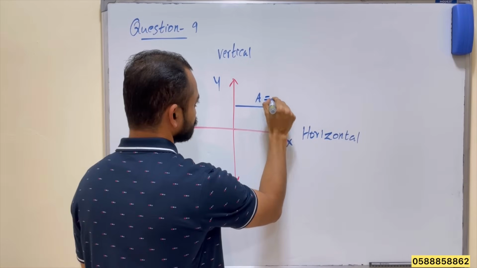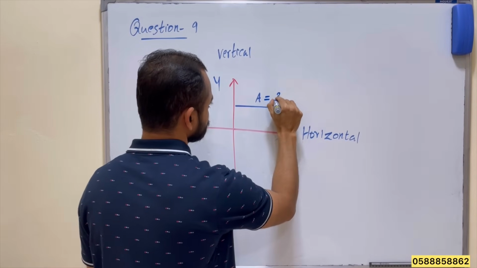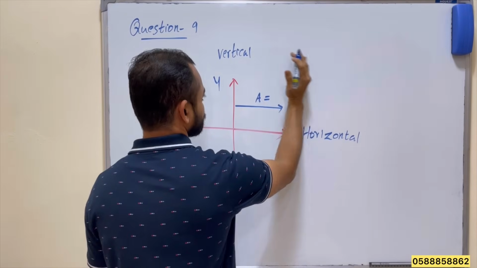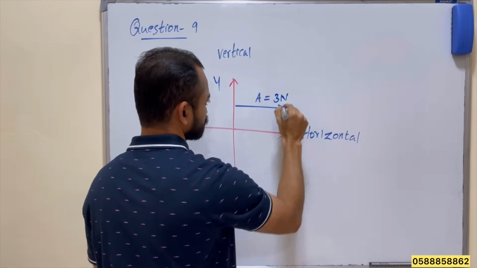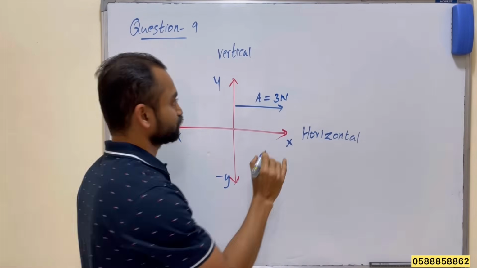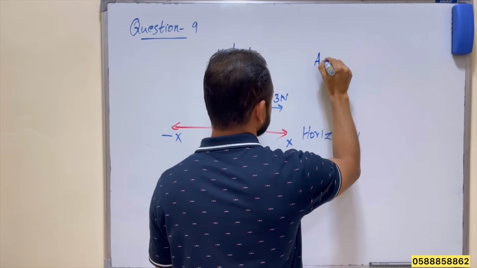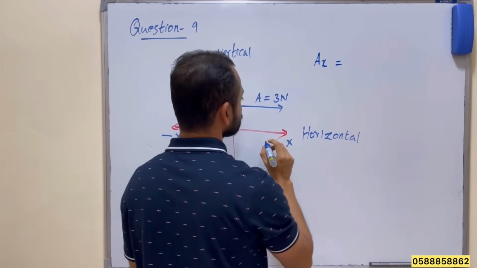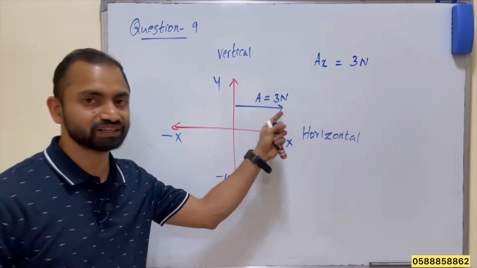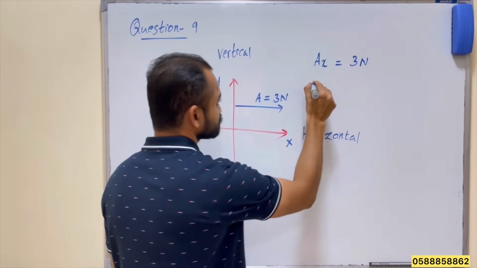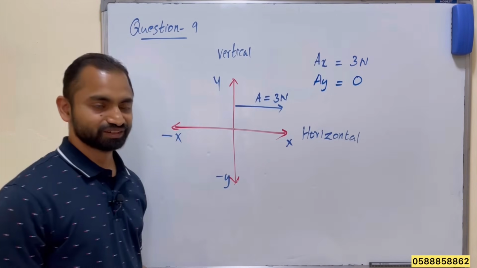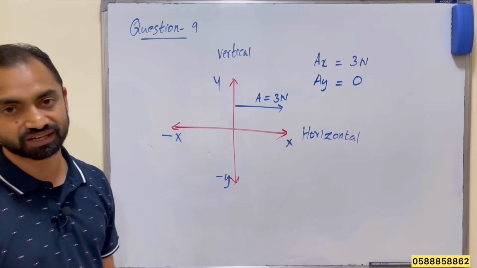For example, its value is a velocity of 3 meters per second, or a force of 3 Newton. What is the x component of this vector, Ax? It is equal to 3, because it is completely along the x direction. What is the y component? 0, because it is completely along the x direction.